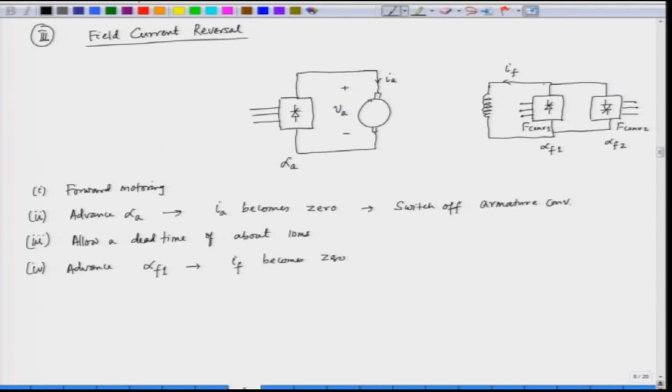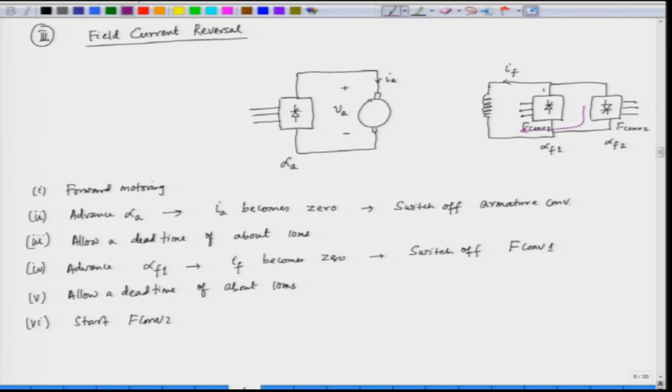So, when IF becomes 0, we switch off field converter 1 and we allow a dead time of about 10 millisecond and then start field converter 2, and when we start field converter 2, the current reverses, the current starts flowing in this direction.